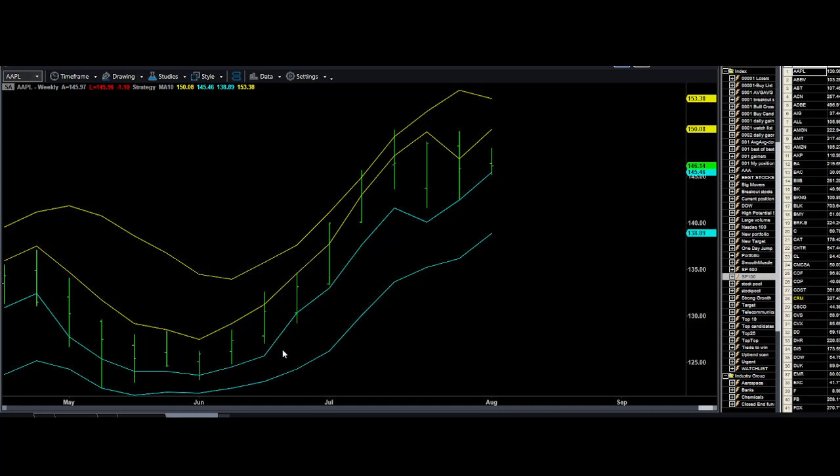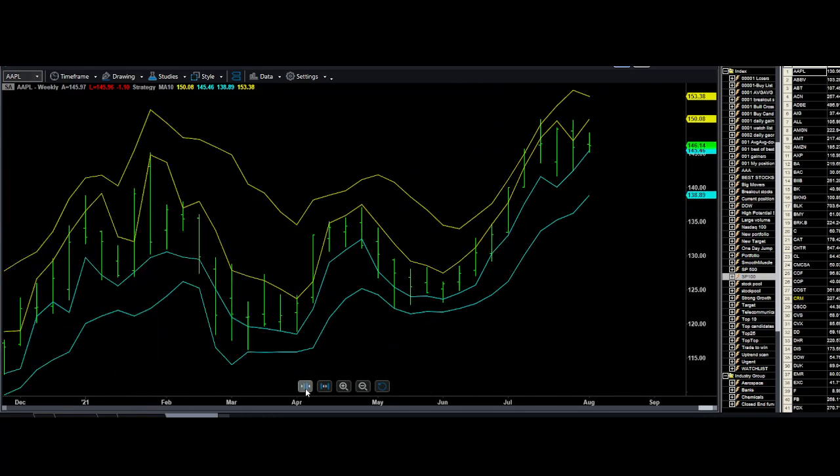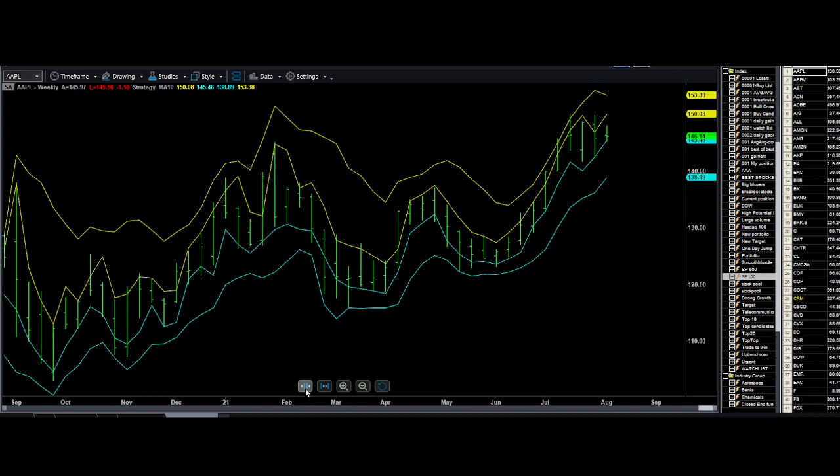You can also check the plots in a larger time frame, for example from last September to this August this year.